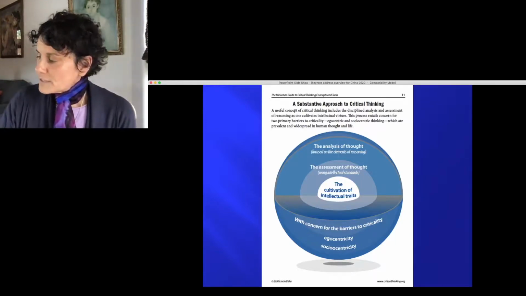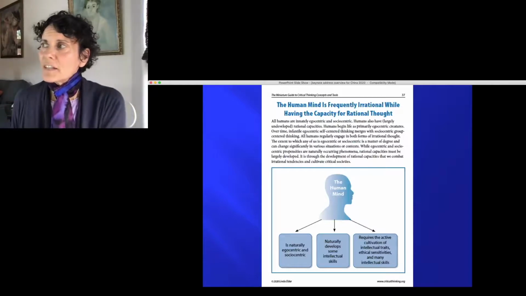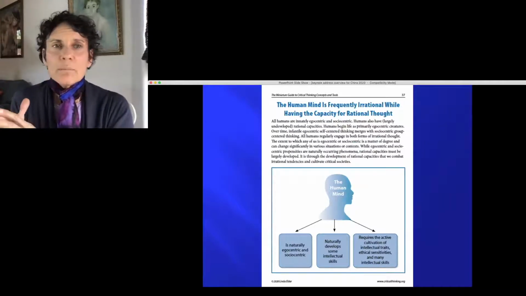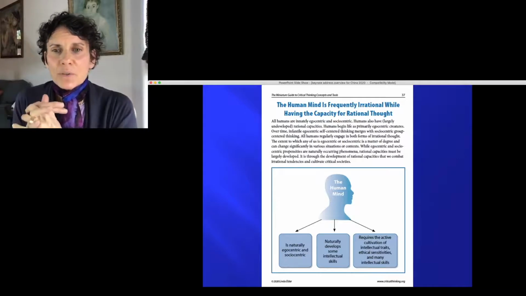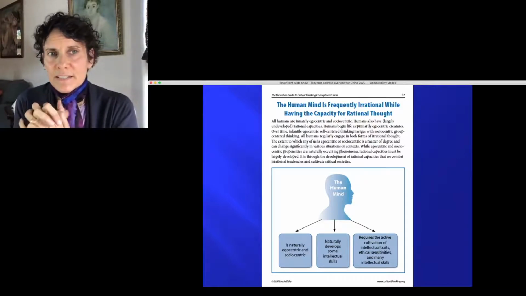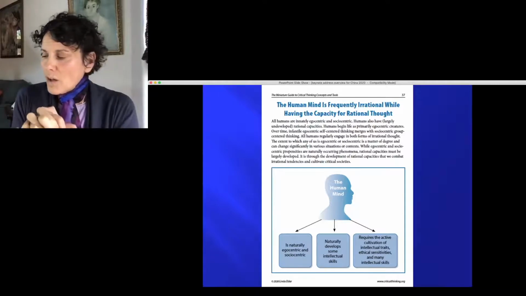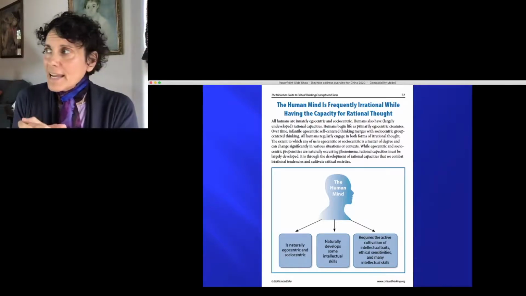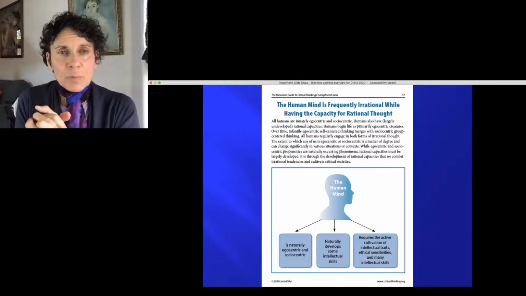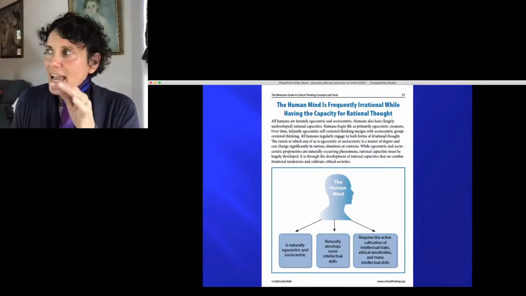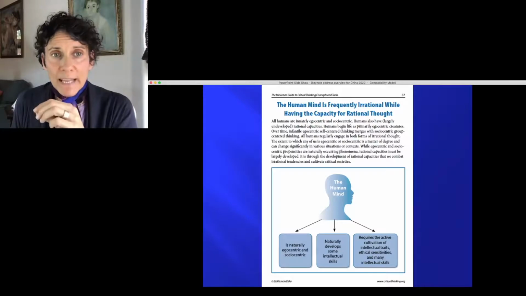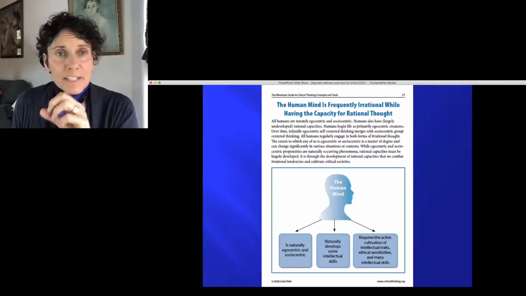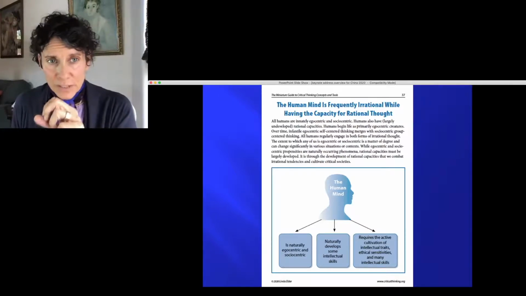And one way to begin to look at this is to understand the human mind as having natural egocentric and sociocentric tendencies, while naturally also developing some intellectual skills, and yet at the same time requiring the active cultivation of intellectual traits or virtues, ethical sensitivities, and many intellectual skills.